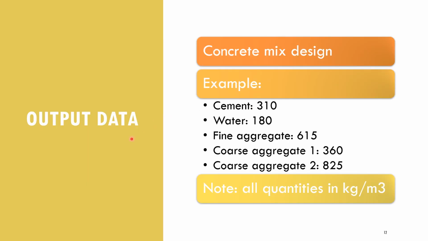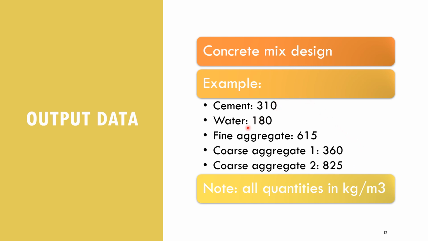Okay, so that was for the input data. In terms of output data, the output of the full procedure looks something like that. You'd specify in kilograms per meter cubed, of course, how much cement will be available. These numbers are just an example of one of the designs.